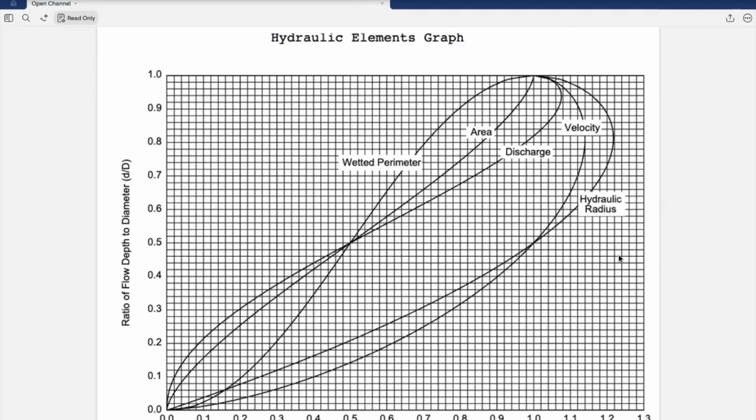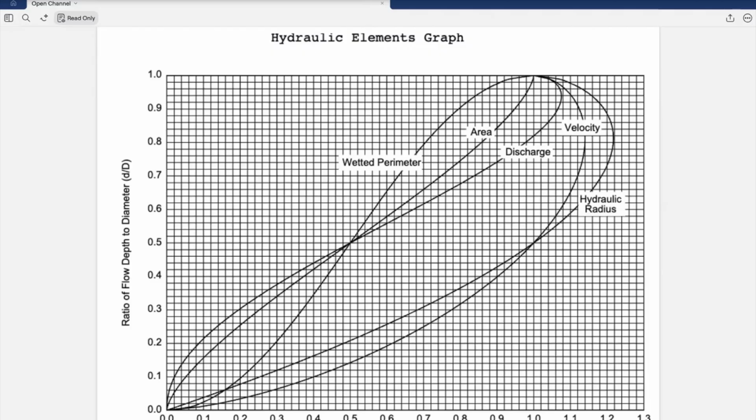They can be just maybe 40% or 30% full of pipe. So this graph helps us compute the values that can be used while interpreting the depth to diameter ratio as well.